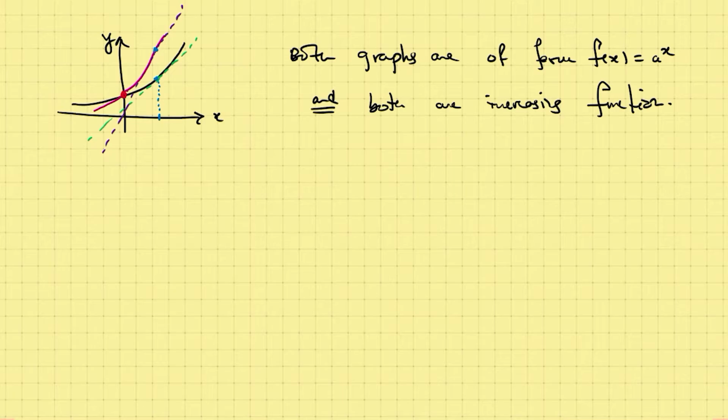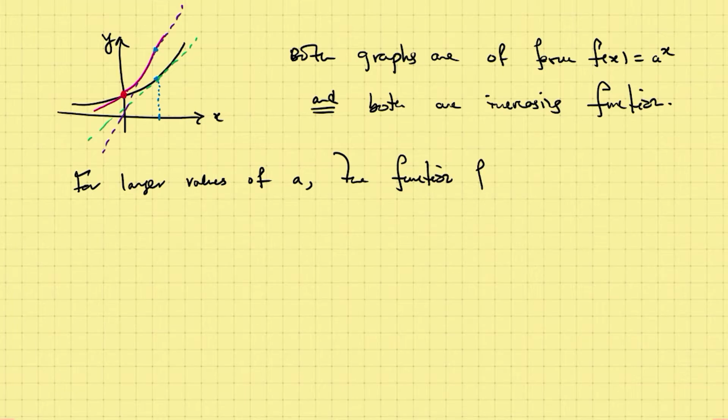So the key point to take away from here is they're not both increasing at the same speed. What we can say is that for larger values of a, the function f of x equals a to the x is increasing at a faster rate.